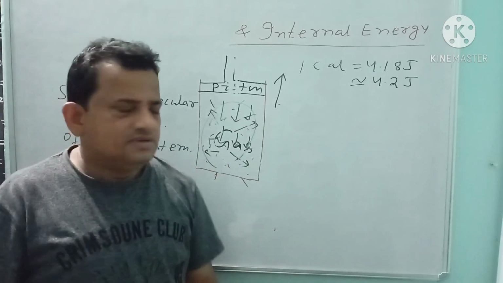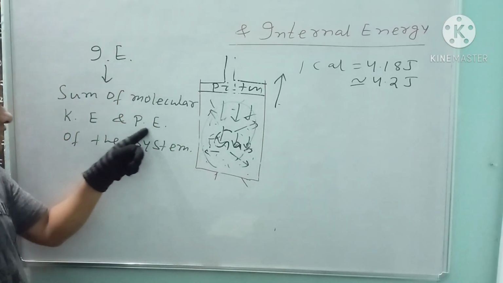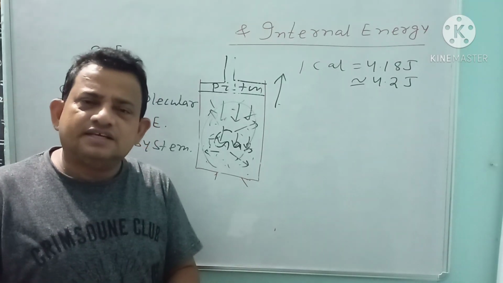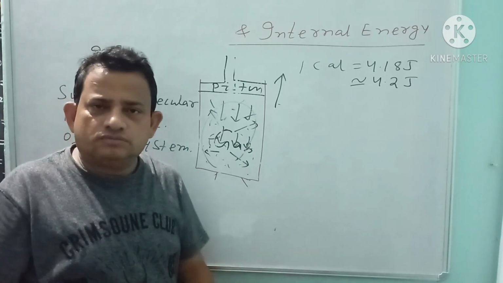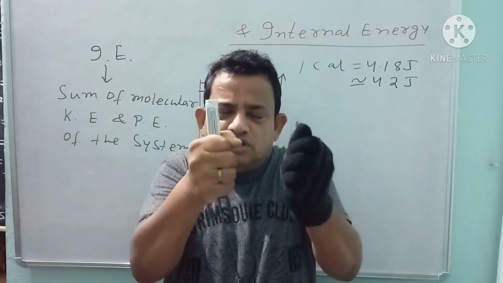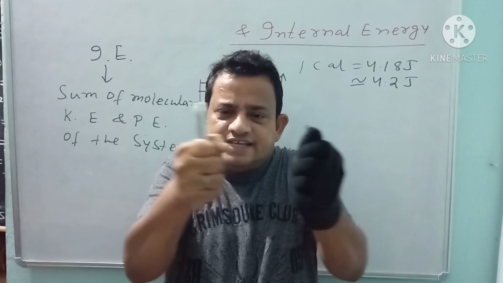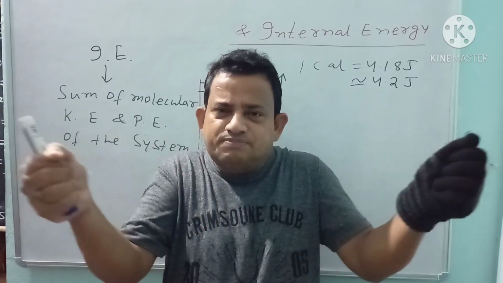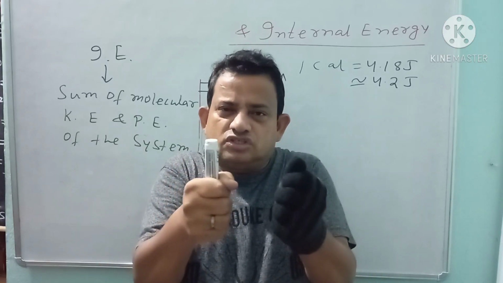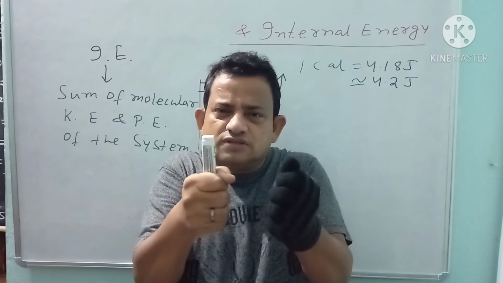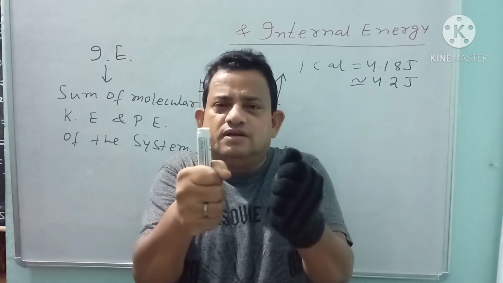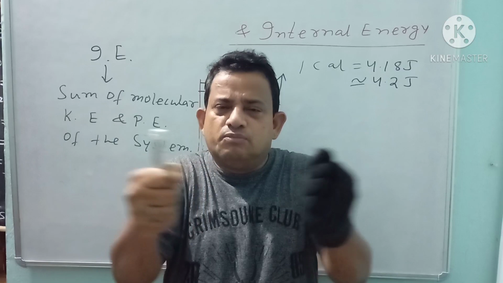In the case of internal potential energy, work is done against intermolecular force. That means between gas molecules there is intermolecular force, but when a gas expands, some work is done against the intermolecular force. Intermolecular force tries to bind the molecules, but due to expansion they move apart.